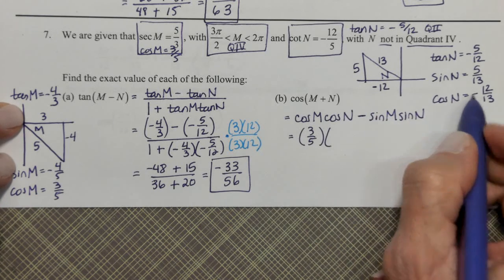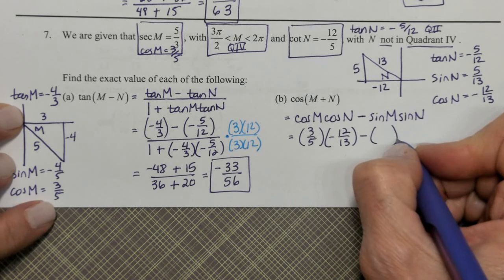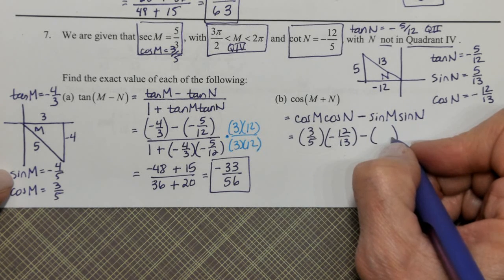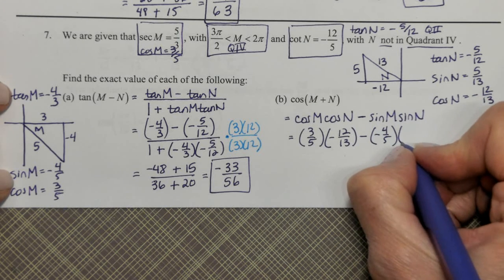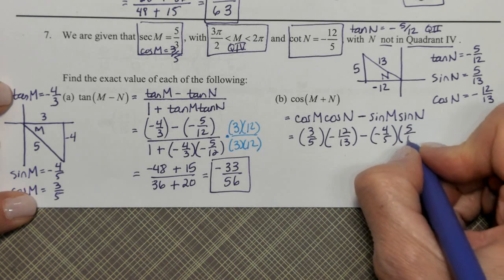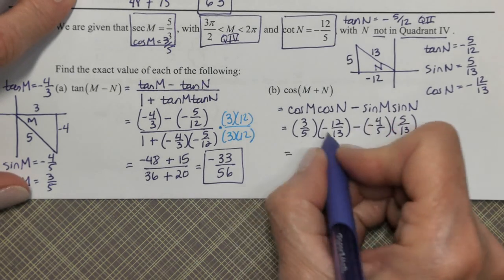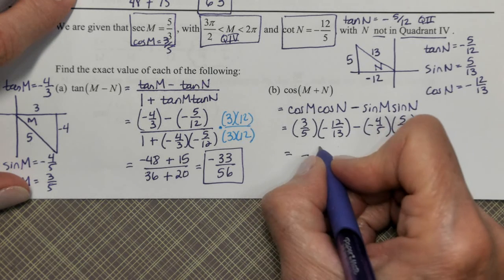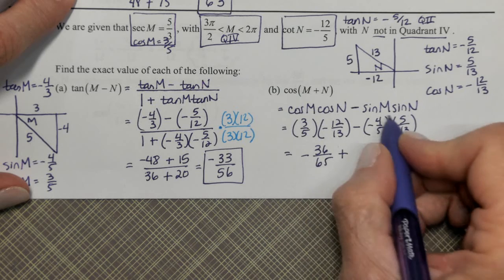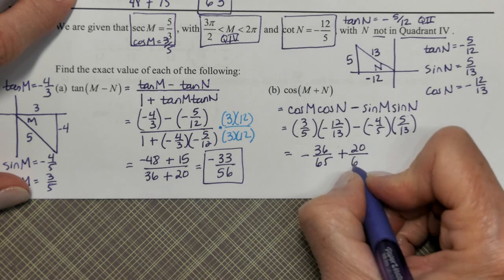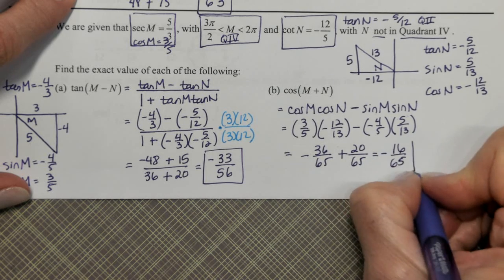Cosine of n is negative 12 over 13. Sine of m is negative 4/5. Sine of n is 5 over 13. So we'll have a negative 36 over 65 plus 20 over 65, which is negative 16 over 65.